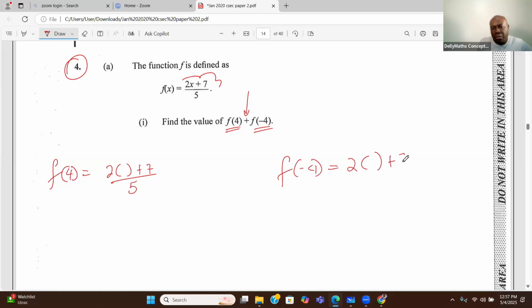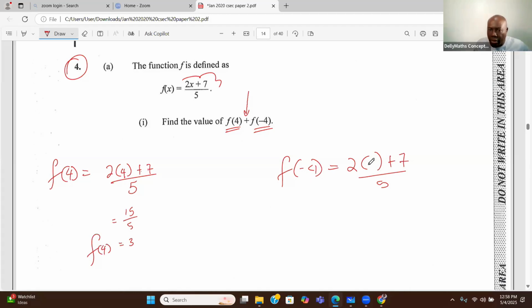You put 4 here. 4 times 2 is 8, plus 7, this is 15 over 5. I believe I'll get 3. So f of 4 gives 3.